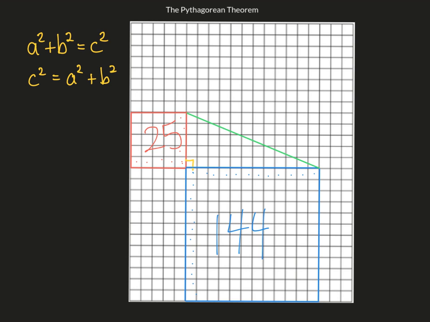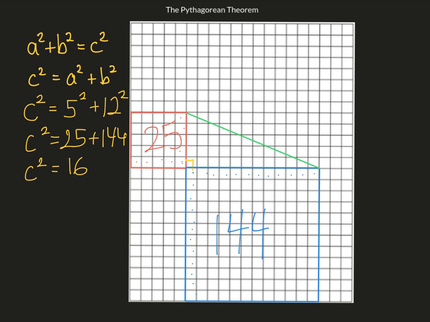So if the Pythagorean theorem is true, the hypotenuse squared equals 5 squared plus 12 squared, which is 25 plus 144. Well, that means that the hypotenuse squared is 169.